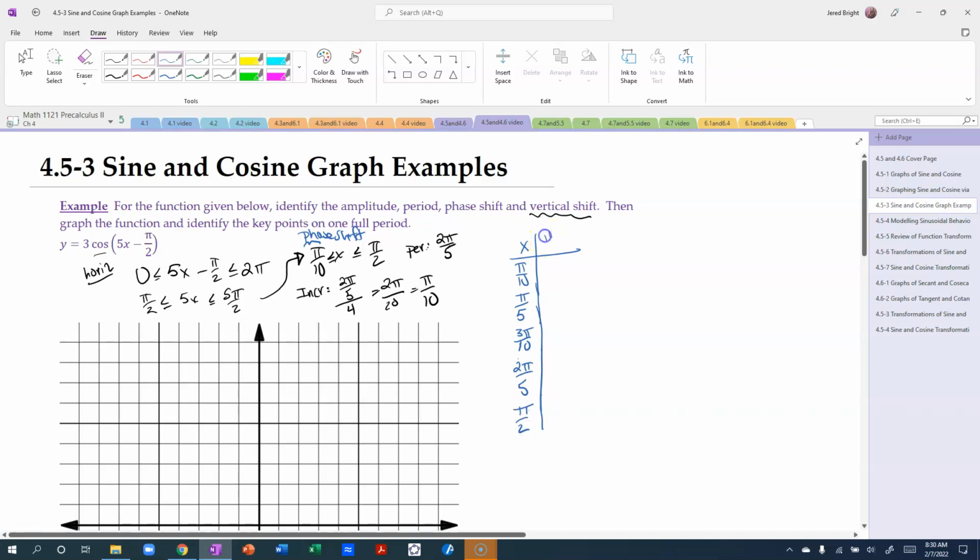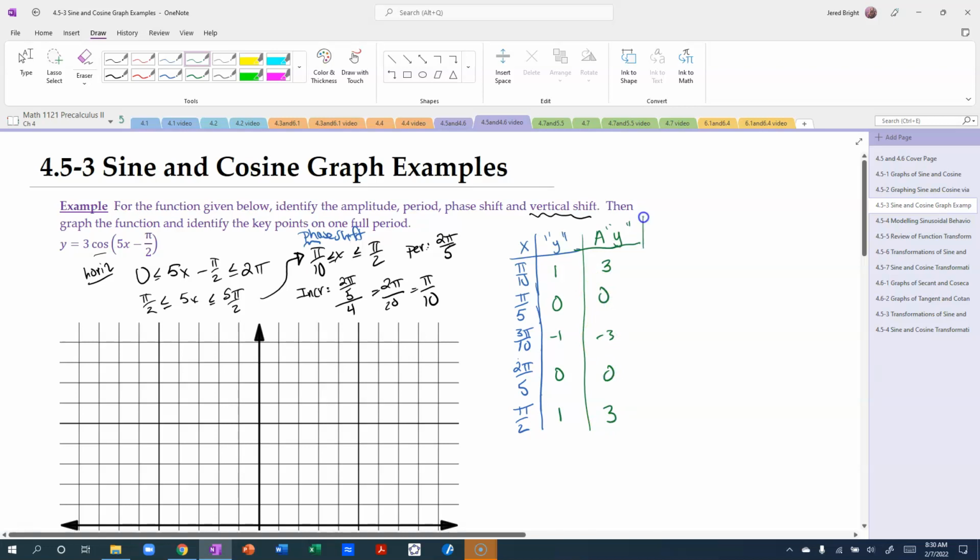Okay, and then again, I initiate these y values according to the function that I'm working with. So cosine, they would start at maximum, center, minimum, center, maximum. And then the next column, I have to take that times a. So a is 3, so 3, 0, minus 3, 0, 3.